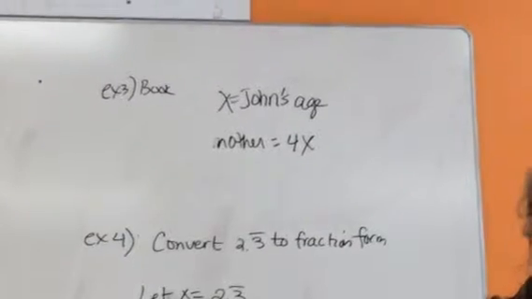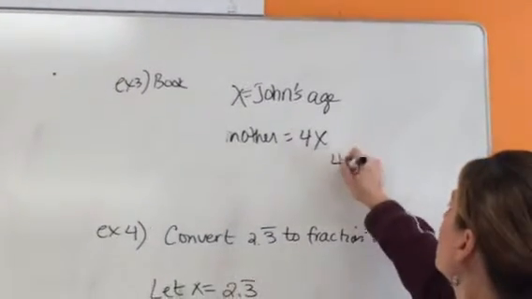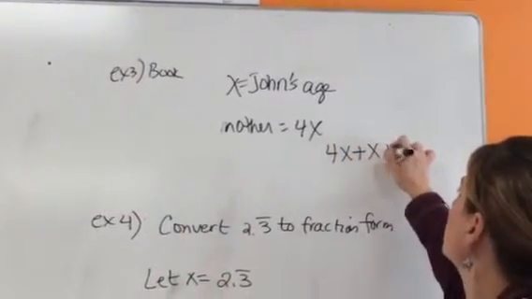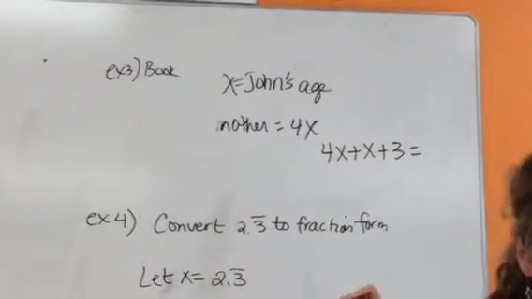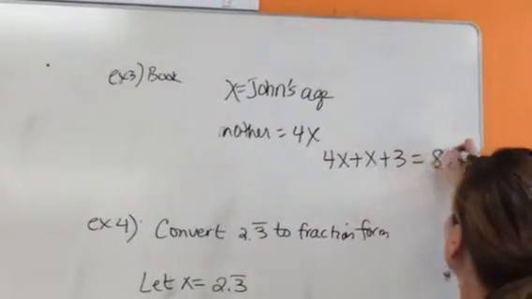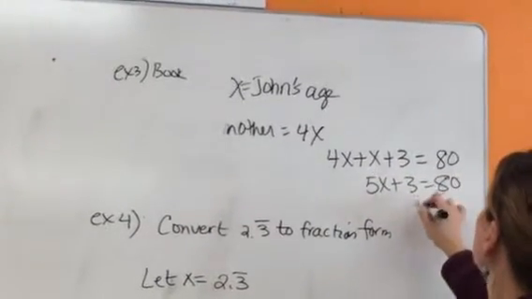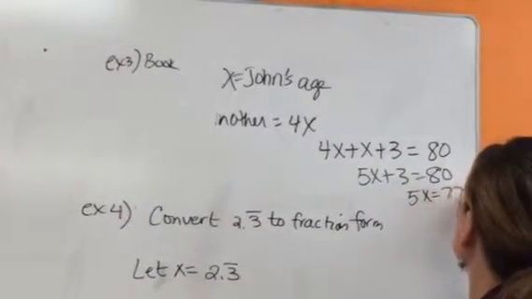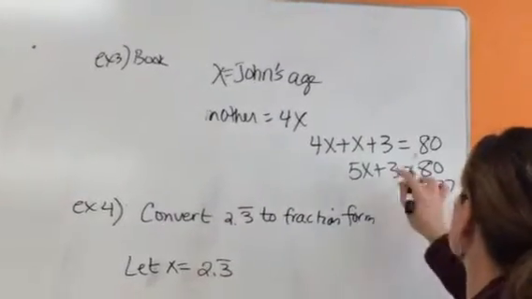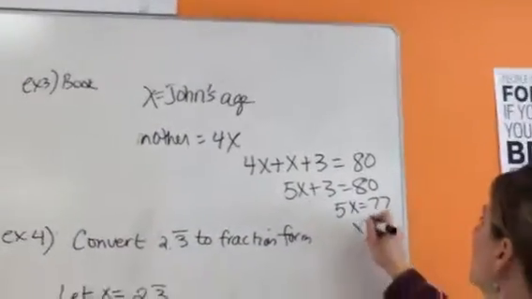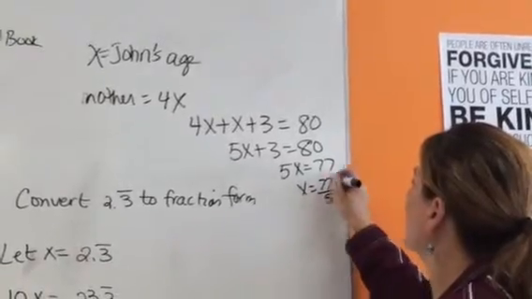If you find the sum of their ages and add 3, so the sum of their ages is 4x plus x and add 3, then you will get 80. So 5x plus 3 equals 80. 5x equals 77. And then, because I subtracted 3 from both sides, x equals 77 over 5.